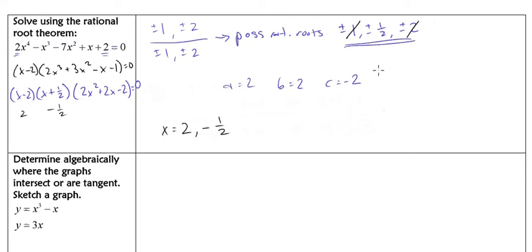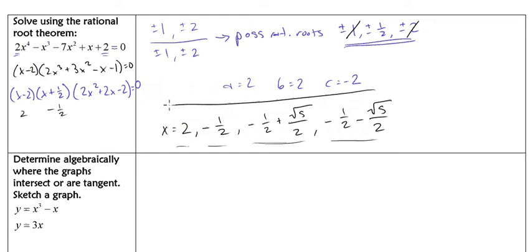And using the quadratic formula, I'm hoping you come up with the 2 roots of negative 1/2 plus square root of 5 over 2 and negative 1/2 minus the square root of 5 over 2. So there's our roots. 1, 2, 3, and 4. All right. Hope that helped.